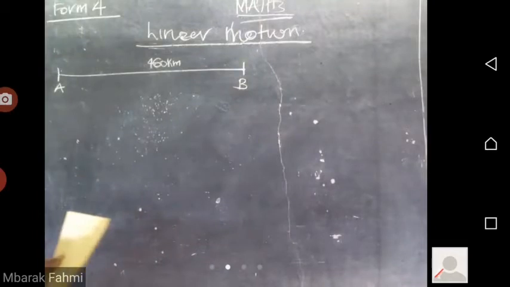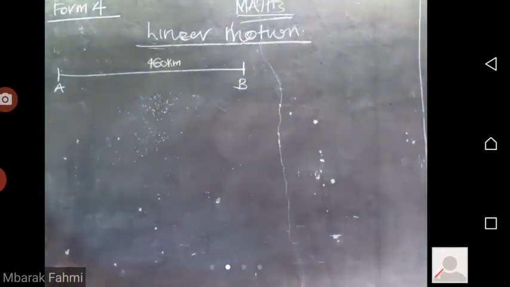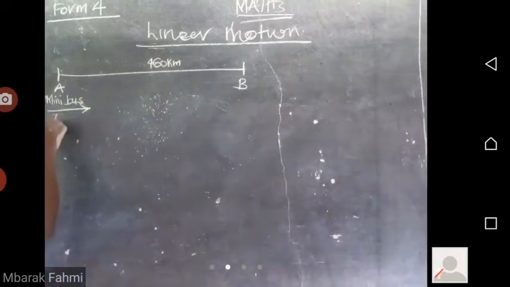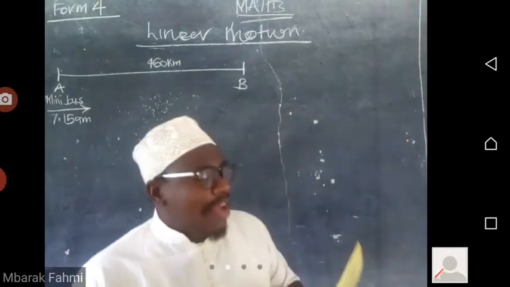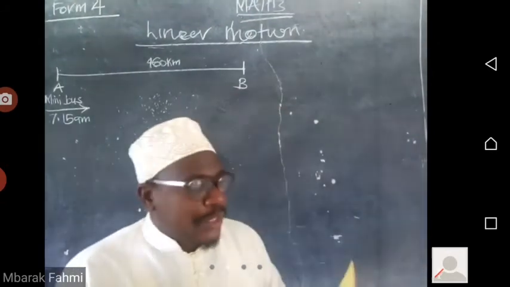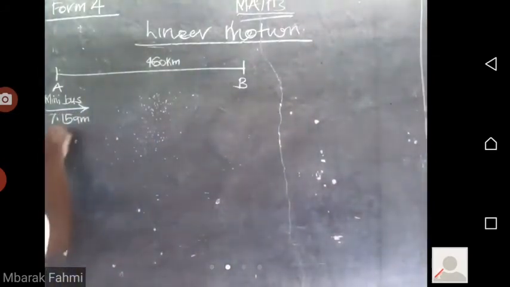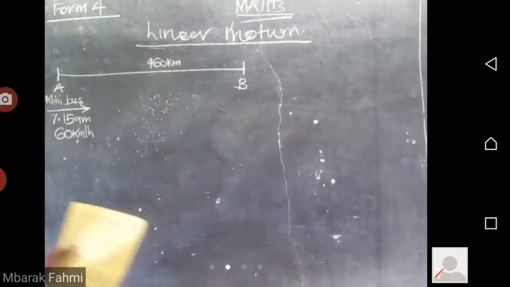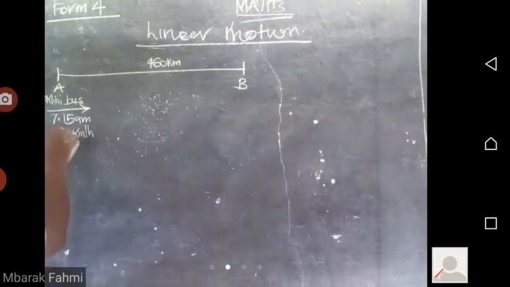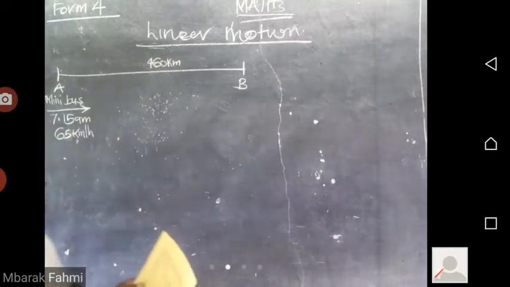A minibus left town A towards town B at 7:15 a.m. and traveled at an average speed of 65 kilometers per hour.